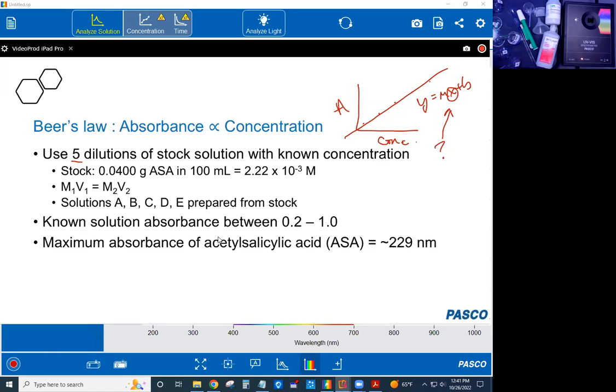That's the goal. We're going to try to figure out how much aspirin is in an aspirin tablet from a bottle that you would get from the store using known concentrations of acetylsalicylic acid. You can get your acetylsalicylic acid from your favorite chemical supply company. And all solutions are made with ASA, acetylsalicylic acid, and isopropyl alcohol.